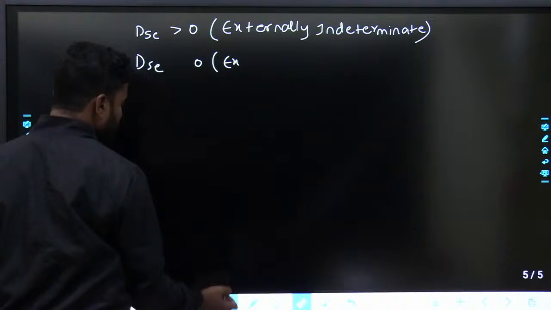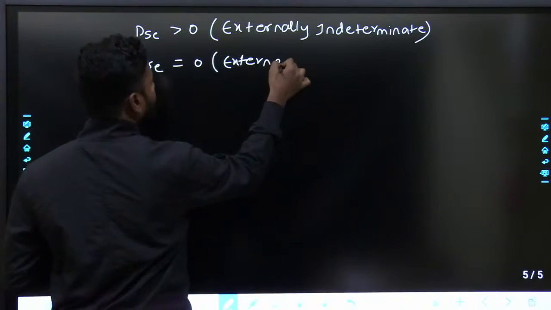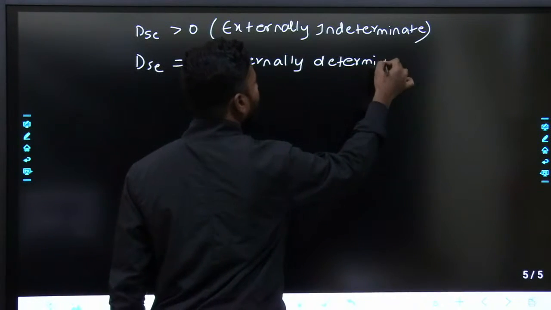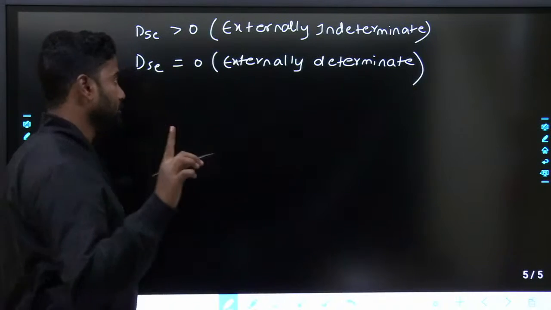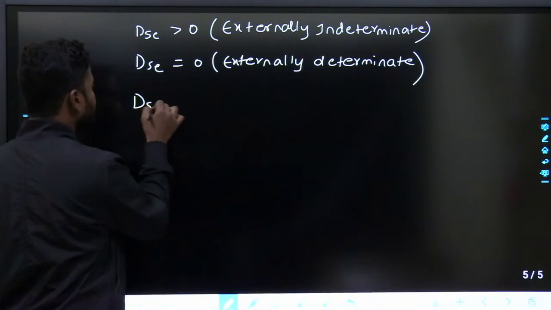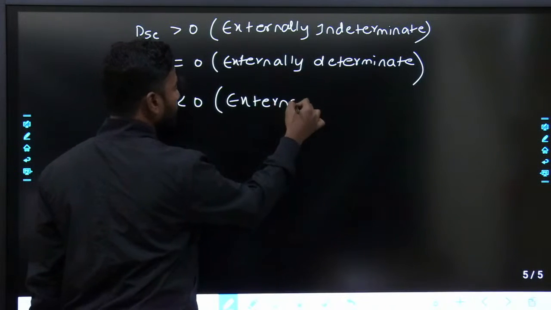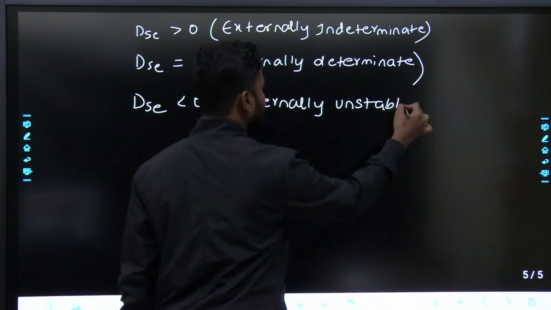If I write it as equal to 0, externally determinate. Determinate means you can find out all the reactions. I am not saying forces, it is reactions. Next, DSE, if it is less than 0, I will say it is externally unstable. Externally unstable.